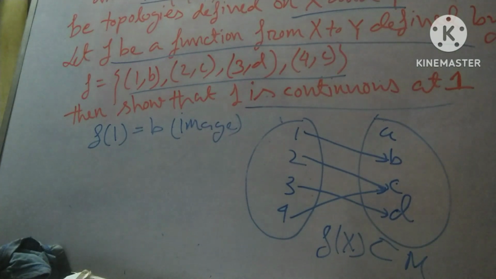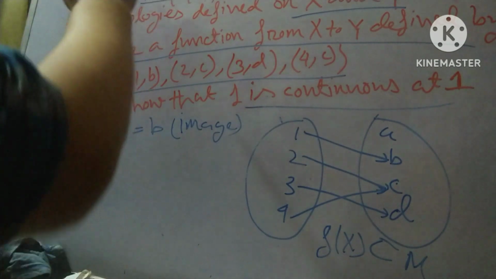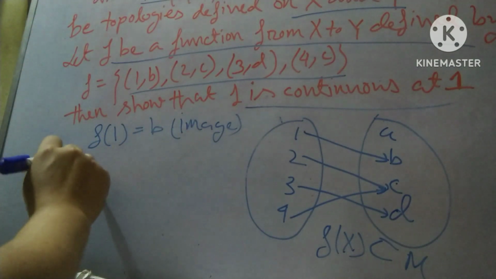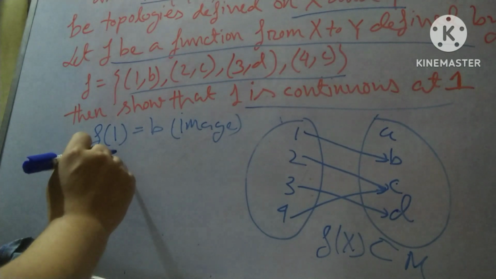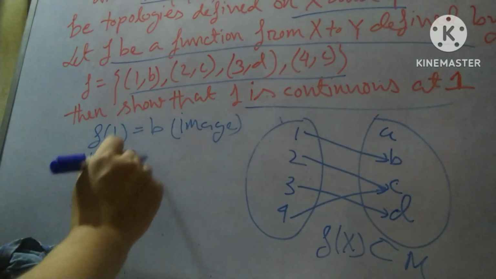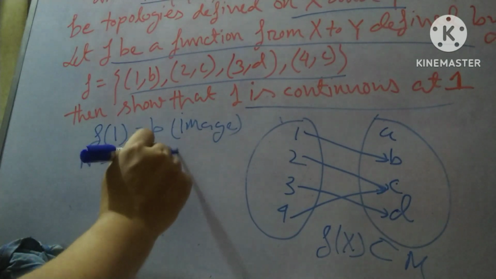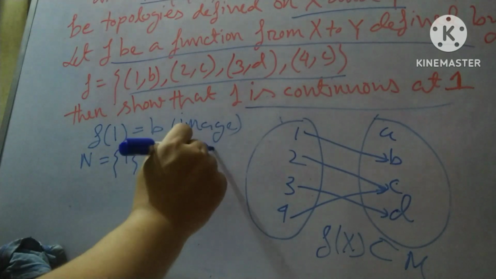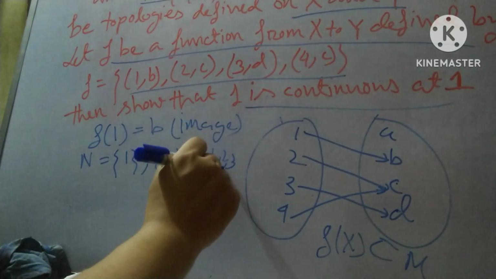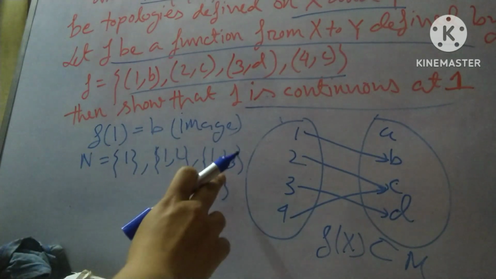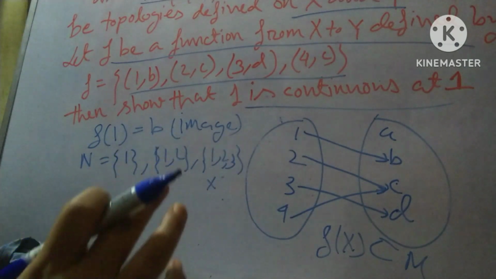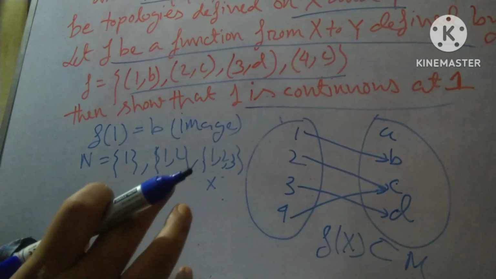I have already told that NBD means neighborhood. For this case, the NBDs of 1 are {1}, {1, 2}, {1, 2, 3} and X. This is my NBD of 1. These are the 4 NBDs.